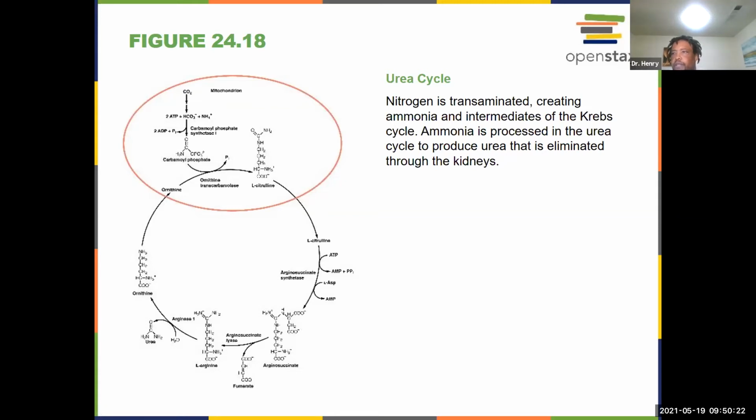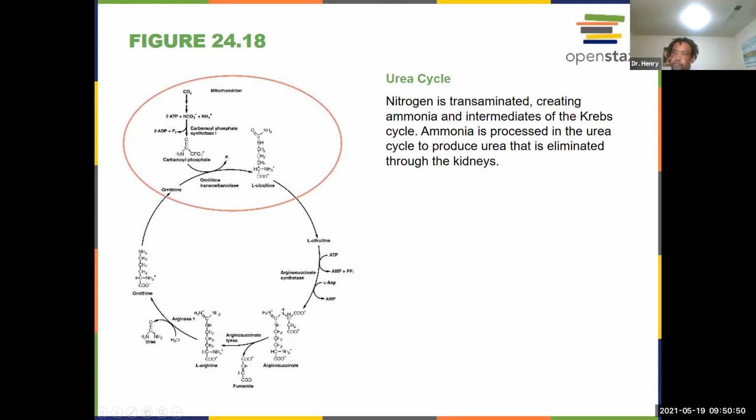And then we're going to end up with L-citrulline. Then the L-citrulline is going to continue going through the cycle. From L-citrulline, you're going to use ATP. That ATP is going to lose diphosphate, and then you're going to end up with AMP.